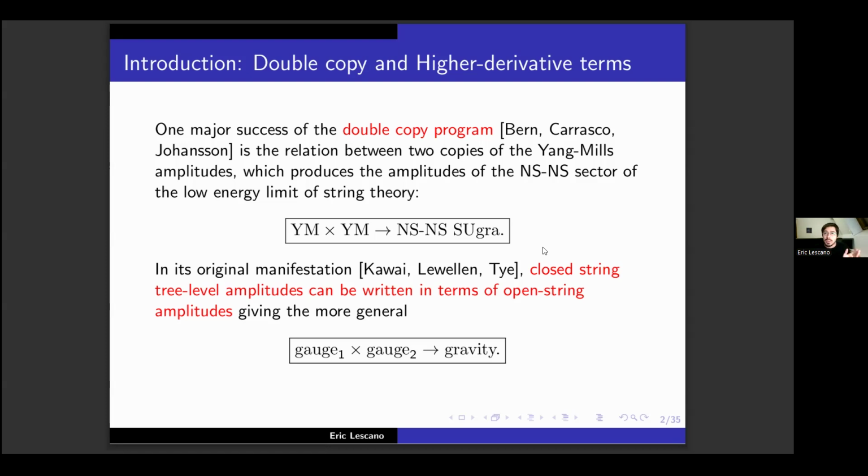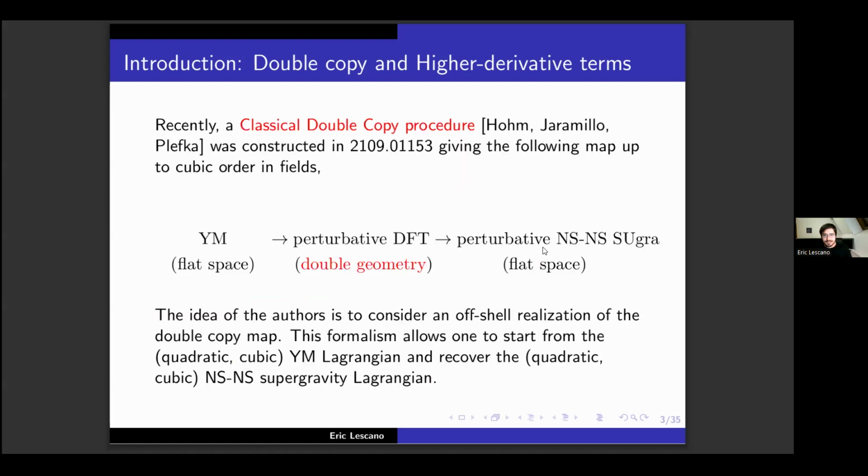Particularly, the double copy program was initiated by Bern, Carrasco, and Johansson, and the more general setup, which is the KLT relation, is due to Kawai, Lewellen, and Tye. These were the original people starting this line of research.